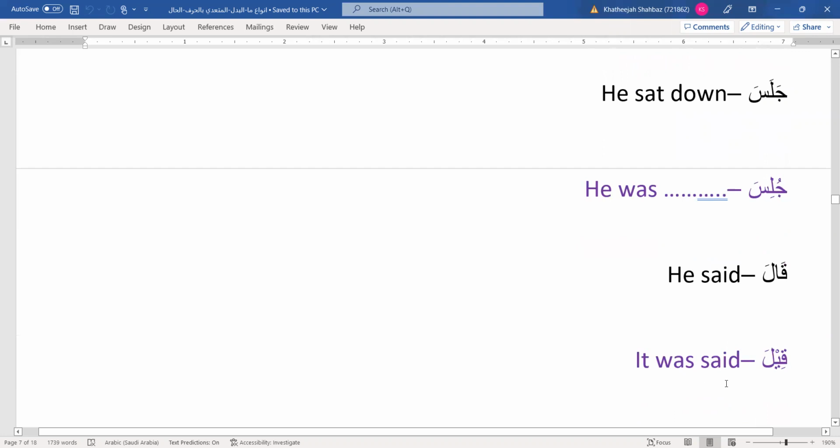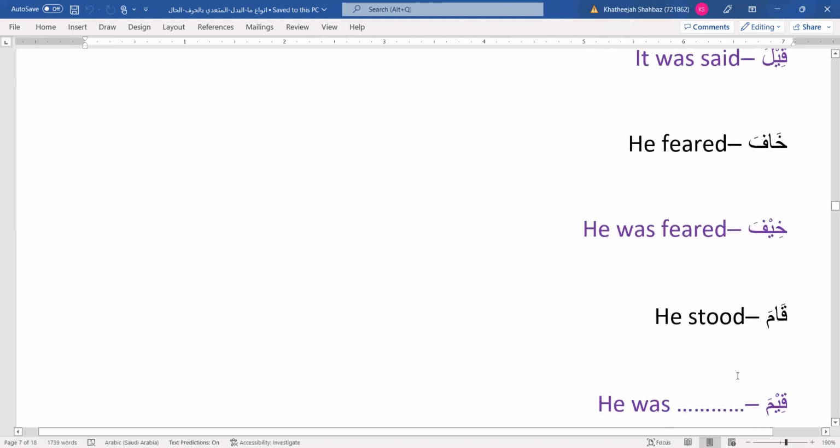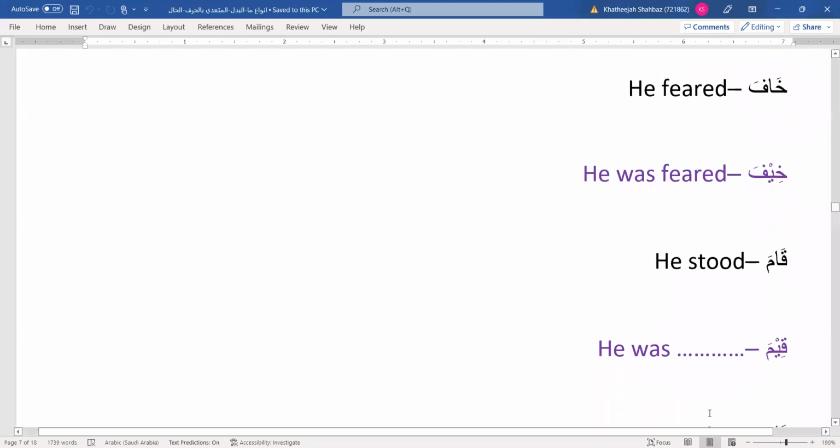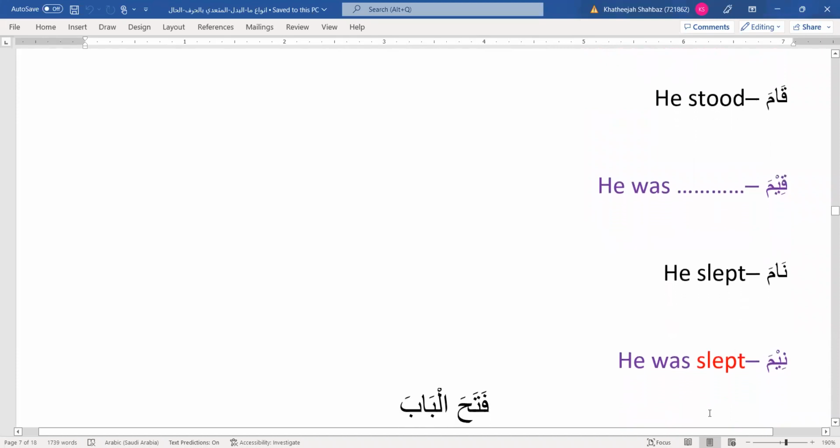Kila, it was said. So it is al-failul mutaaddi. Khafa, he feared. Khifa, he was feared. Again, al-failul mutaaddi. But when it comes to kama, he stood. Kima, I can write it, but what does it mean? He was stood. No, it doesn't make sense. Similarly, nama. I went over this.